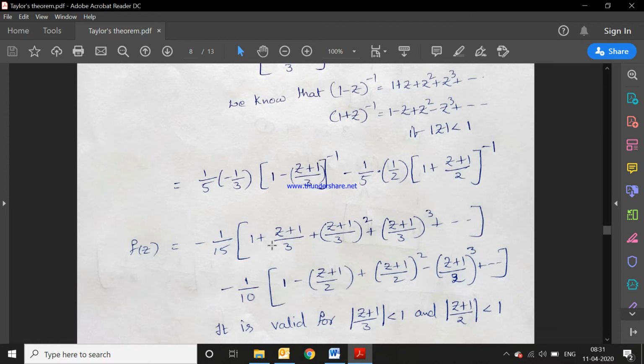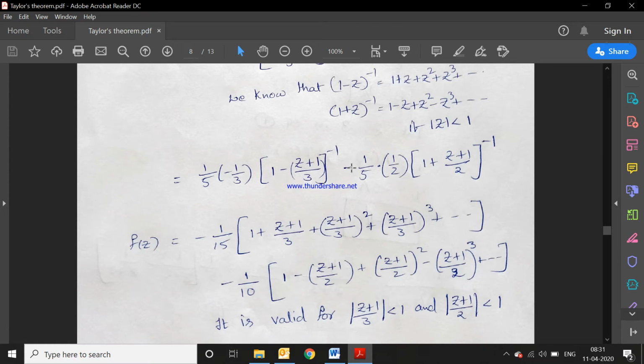So 1 plus z plus 1 by 3 plus z plus 1 by 3 whole square plus z plus 1 by 3 whole cube plus so on, minus 1 by 5 into 1 by 2, that is 1 by 10, into the expansion of 1 plus z whole power -1. It is an alternating series: 1 minus z plus 1 by 2 plus z plus 1 by 2 whole square minus z plus 1 by 2 whole cube plus so on.